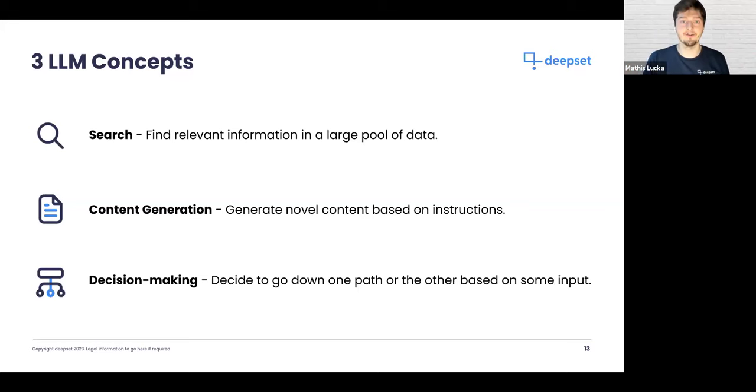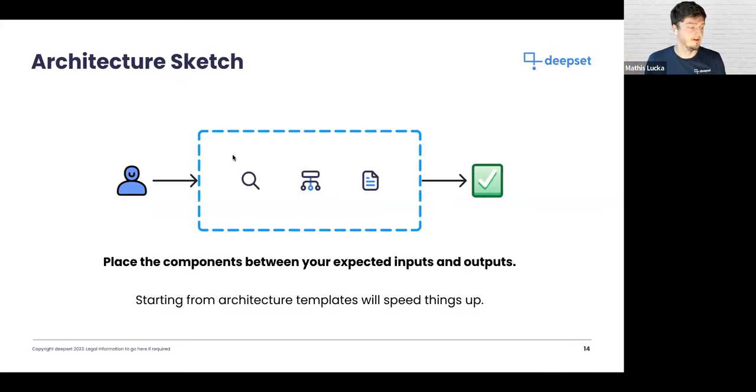With large language models, there are more complex kinds of decision-making, almost reasoning, that you can do. But I'm not going too deep into that right now because it's more about the concepts than how it's actually working in the end. And now what you do, pretty much, between your map of expected user inputs and expected outputs, you put these different components.